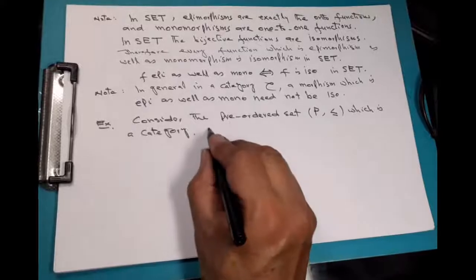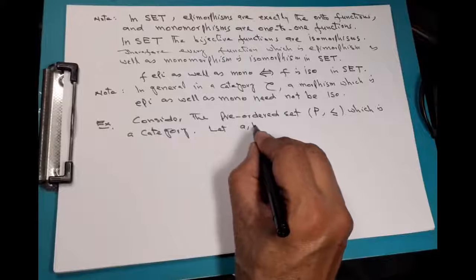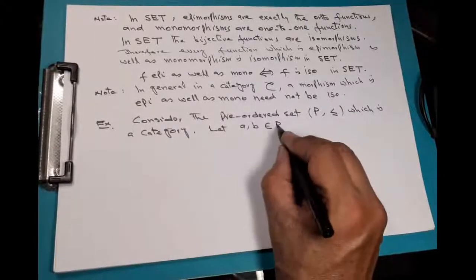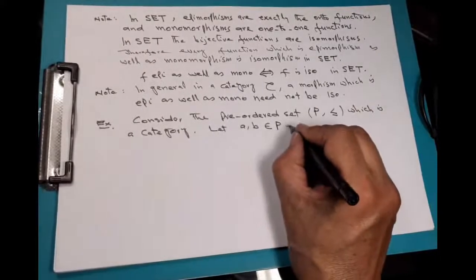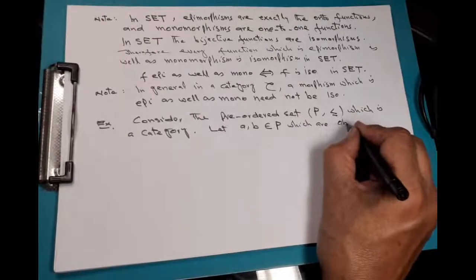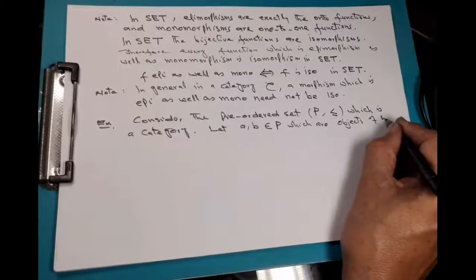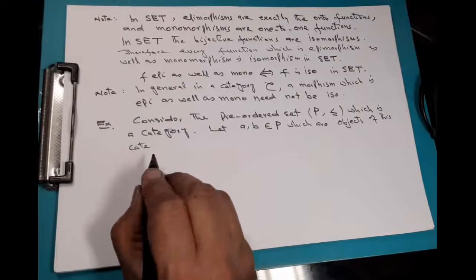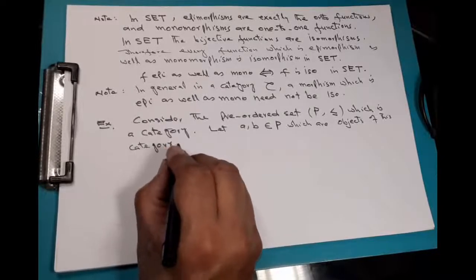So let A, B belong to P, which are objects of this category, because every pre-ordered set can be considered as a category.